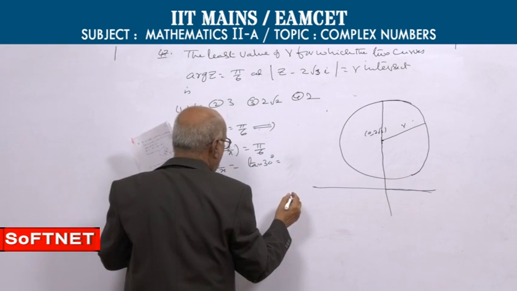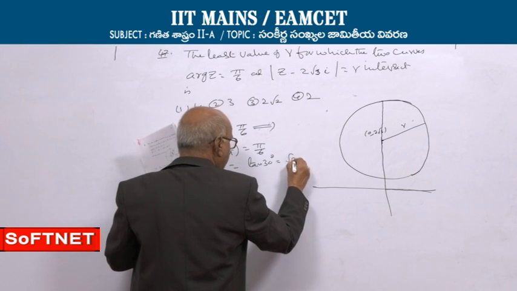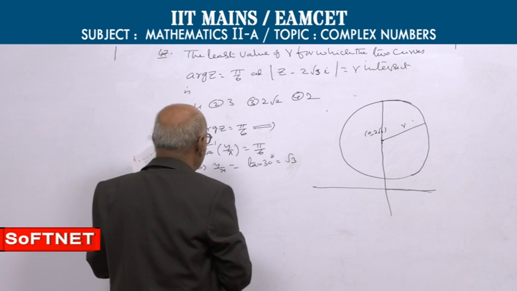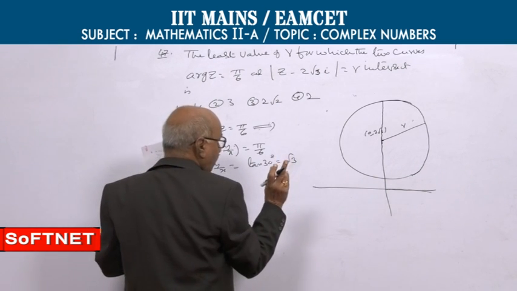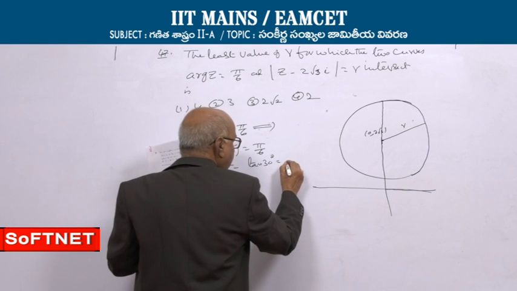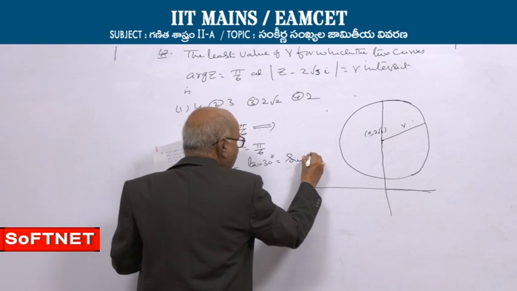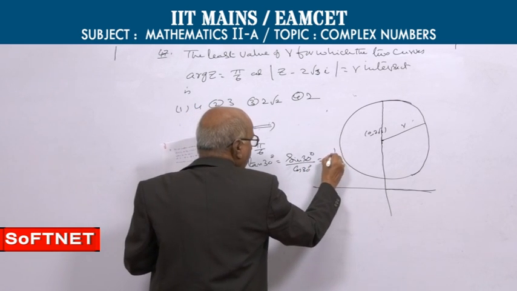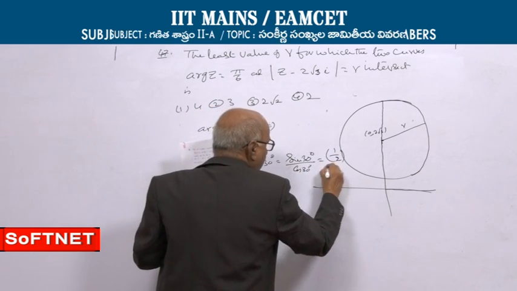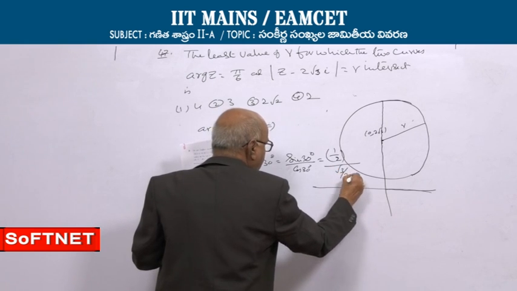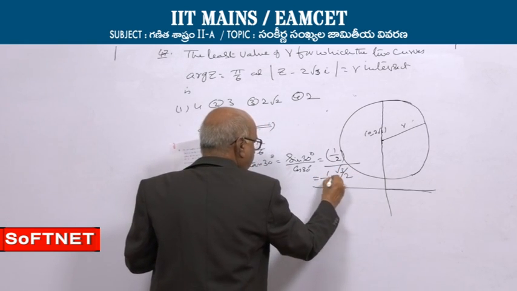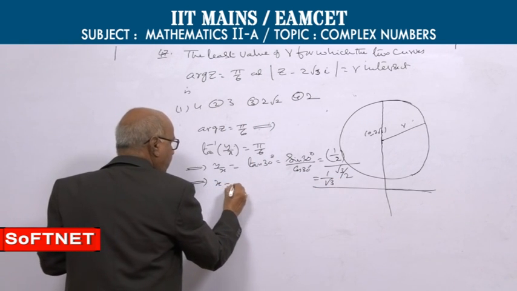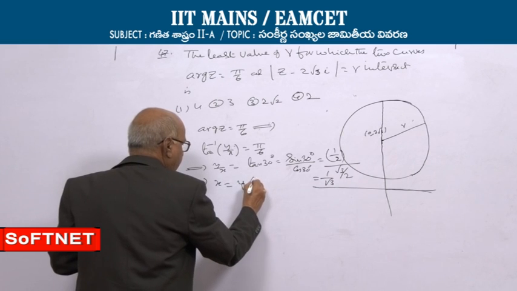All of you know the tan 30 value: tan 30 means sin 30 by cos 30, so that is 1 by 2 by root 3 by 2, which is equal to 1 by root 3. So therefore x is equal to y root 3.